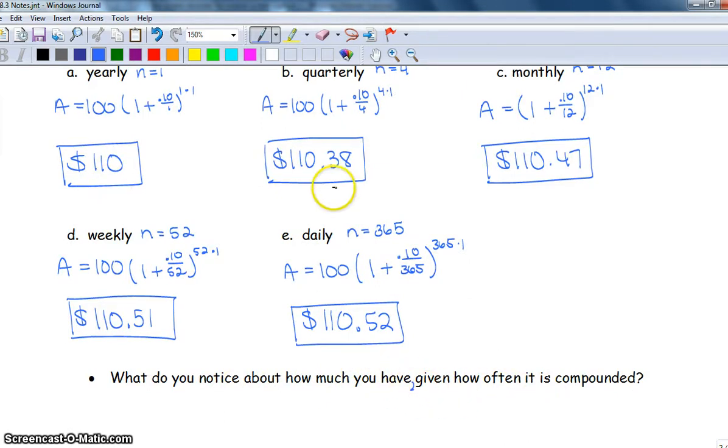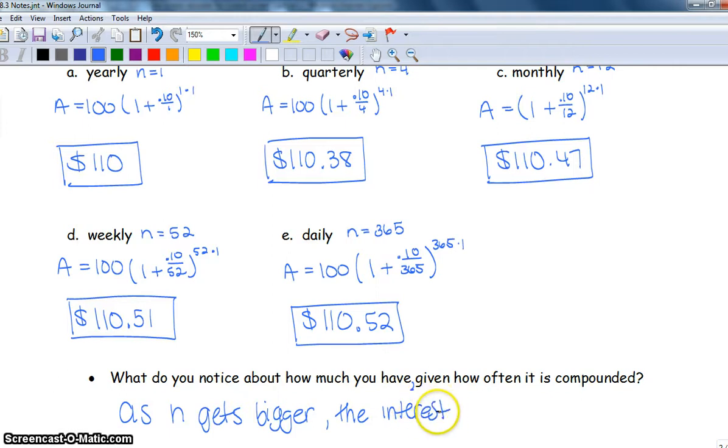Alright, what do you notice about how much you have given how often it is compounded? So here 110, we've got another 38 cents. We're adding 9 more cents, adding 4 more cents, adding 1 more cent. So as N, the number of times compounded a year, gets bigger, the interest grows slower.